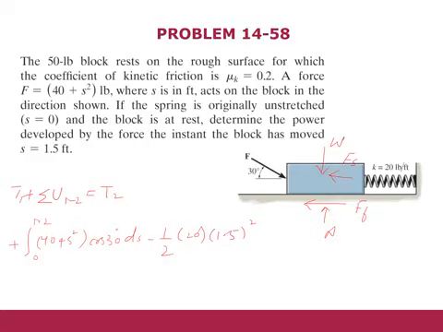Now we are left with this friction force. We know that friction force is mu k N. In order to calculate this N, we will use the equation that the sum of all the forces in the y direction is equal to 0.